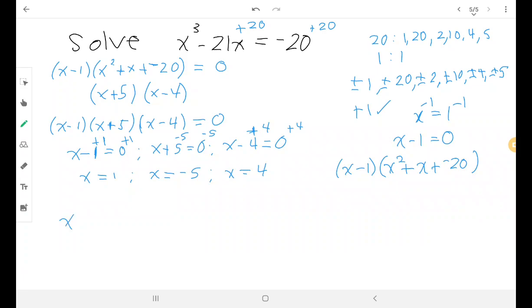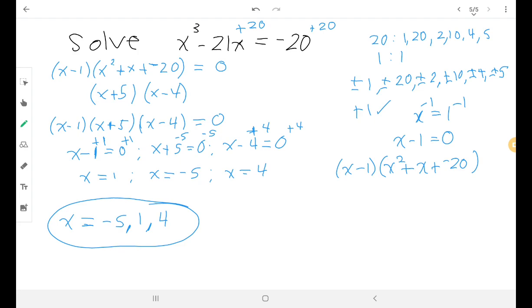So if I write them in order from left to right on the number line, I have that x equals -5, 1, and 4. And that is the three solutions that work.